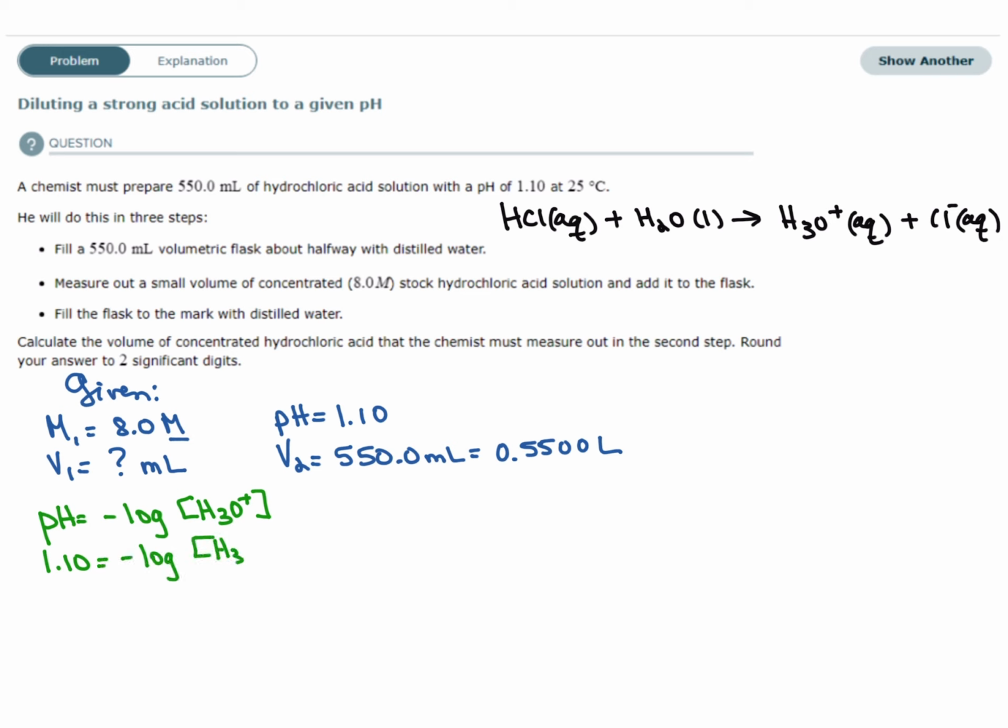I can rearrange the pH formula to get the concentration of H3O+, which is 10 to the negative power of the pH. So my concentration of this new solution is 0.07943. I can come back to my given table and list this new concentration.